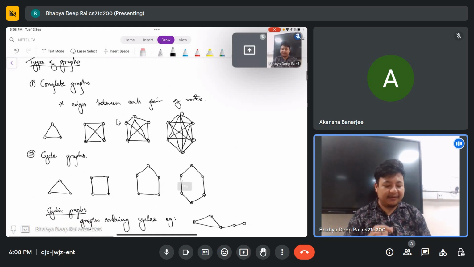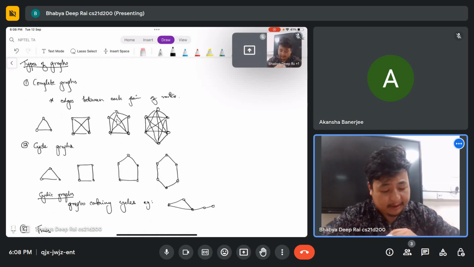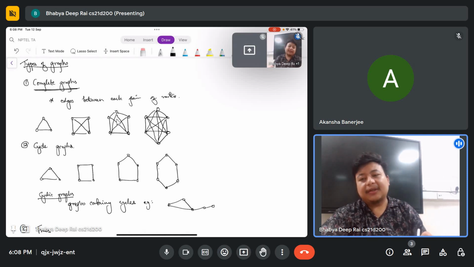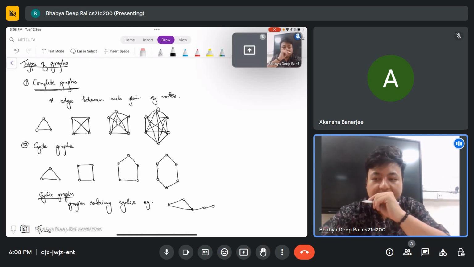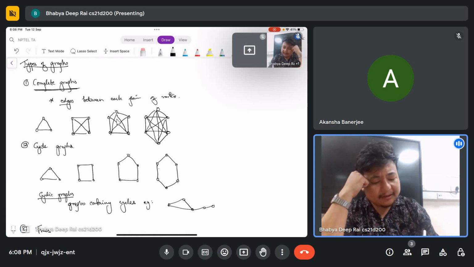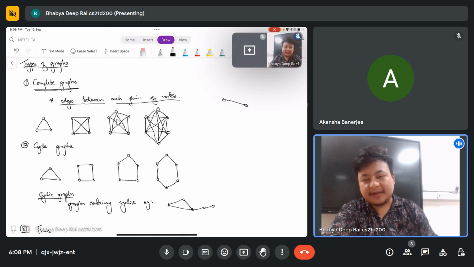Now, the final thing we need is the types of graphs. The first type of graphs, which are pretty interesting and well studied, are complete graphs. Complete graphs are graphs where there is an edge between each pair of vertices. If there are two vertices in the graph, they need to be connected by an edge.